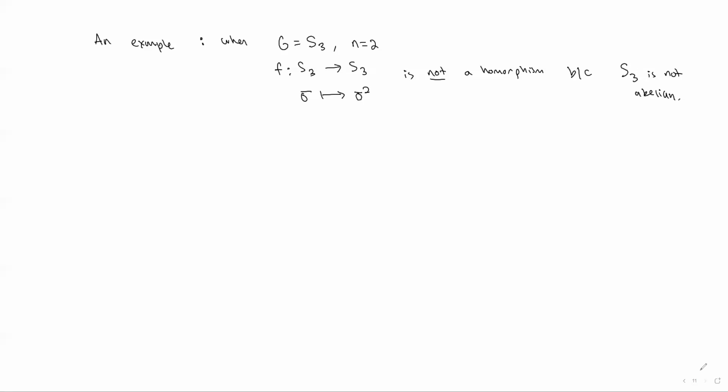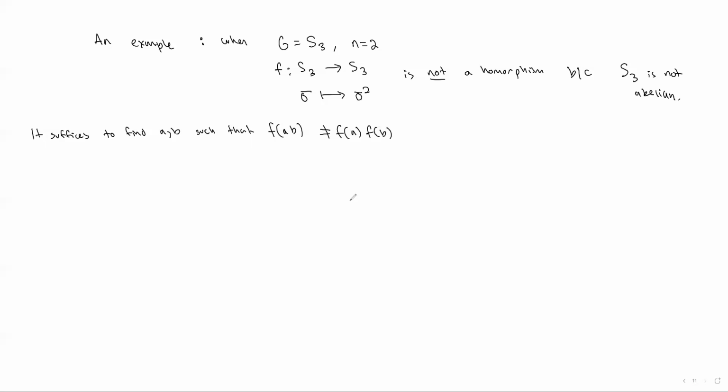So we'll just do that for S3. It suffices to find A and B such that f of AB does not equal f of A f of B.